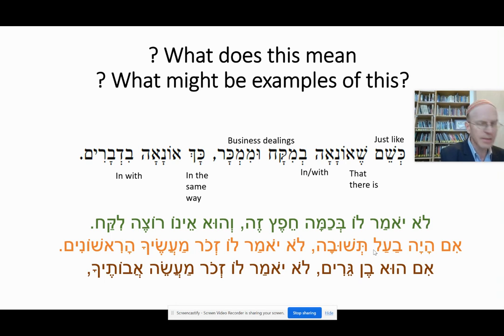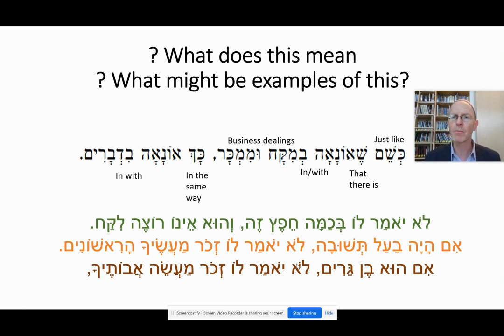Okay, and our last thing of ona'at devarim is Im Hu Ben Gerim. If he actually has converted, if he has decided to become Jewish, and he wasn't Jewish before, lo yomar lo zechor ma'asecha avotecha. Don't say to him, I remember what your parents and great-grandparents were.